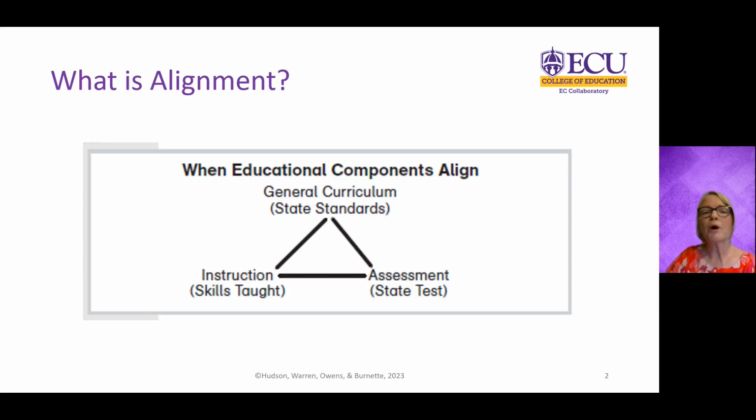First, let's look at the individual components of alignment, and then we'll consider how they relate to each other. For those of us who teach students with extensive support needs, the general curriculum is the extended content standards that are linked to the general education standards. The instruction is a combination of prioritized, grade-aligned academic goals, as well as life skills, communication, and therapy goals. The assessment is the Extend 1, an alternate assessment based on alternate achievement standards.